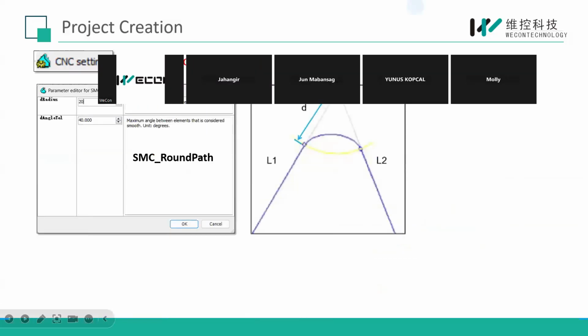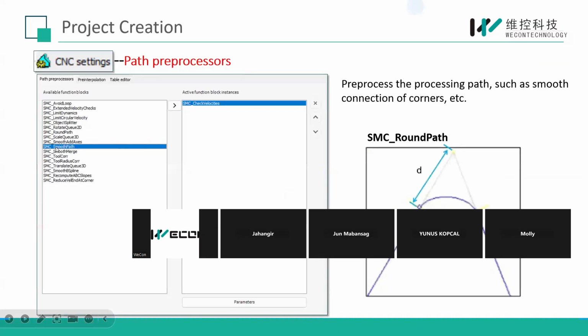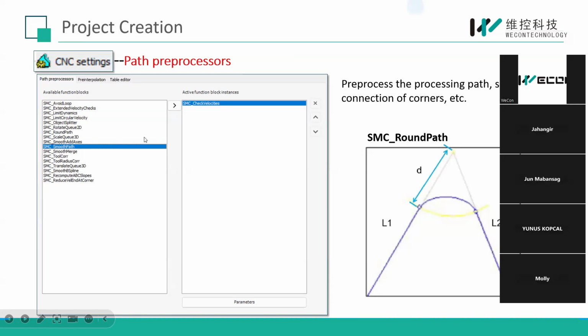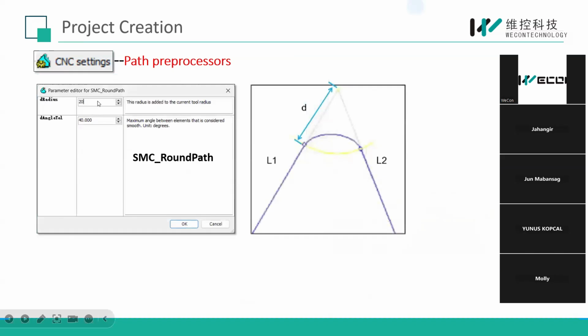And here you can double click this SMC round path, and this will change to an active function block instance. And right click, you can set the parameters of this SMC round path.